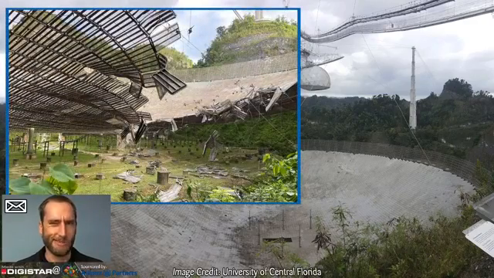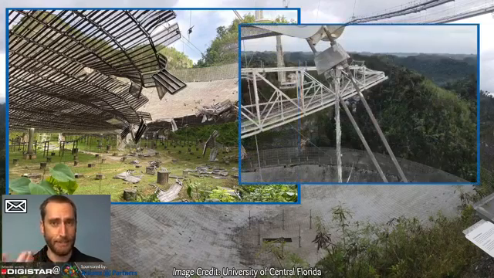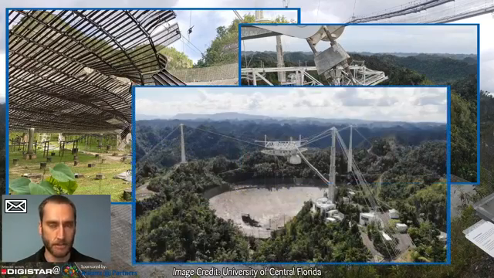But here are some more recent images of the Arecibo Observatory. In August, one of the cables that holds that suspended platform in the center above the dish snapped, damaging the reflecting dish on its giant radio antenna. Then earlier this month, a second cable attached to the same tower failed.